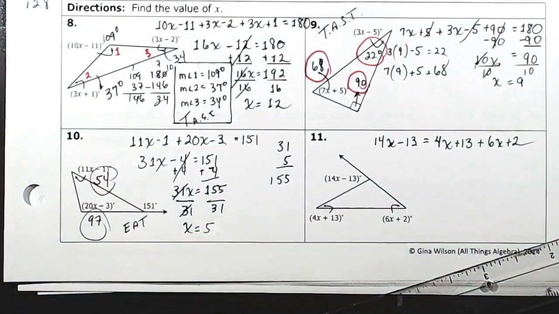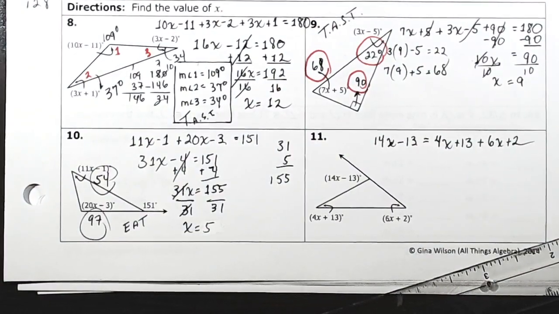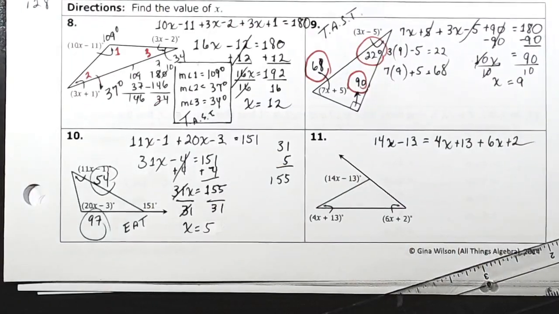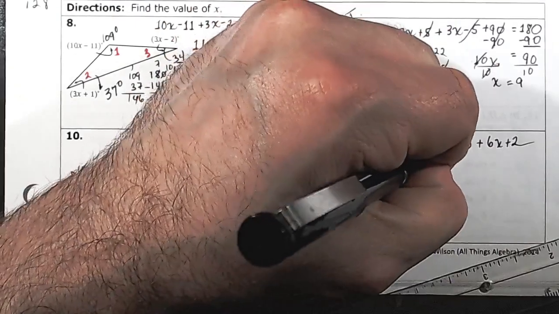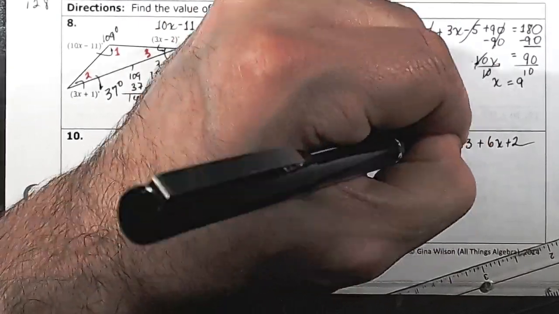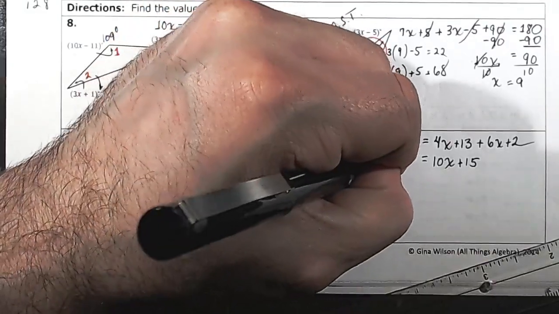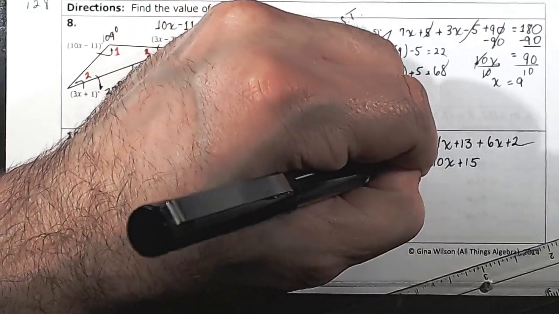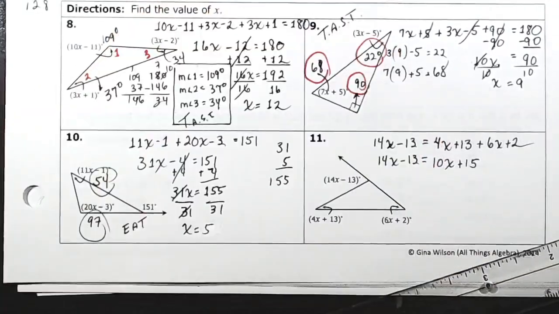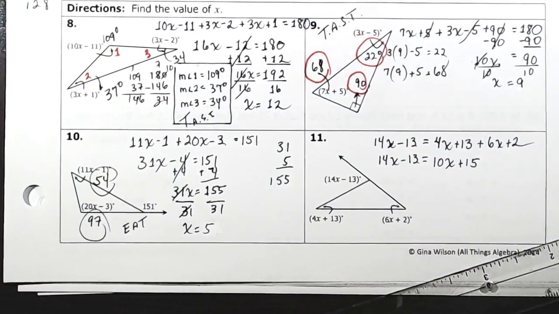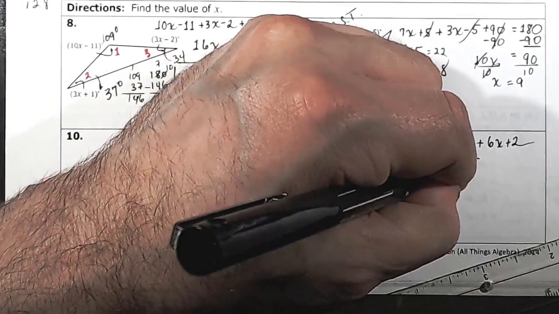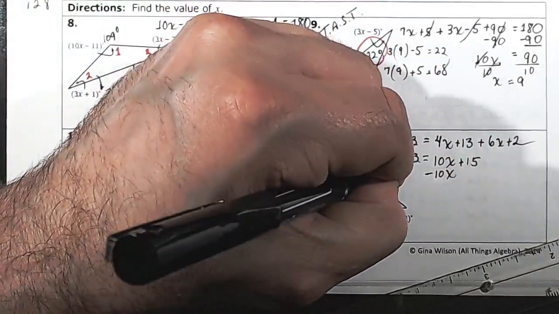Okay, so combine like terms on the right. 4x and 6x are 10x, and 13 and 2 are 15. So I've got 10x plus 15. And we'll just bring all this down, 14x minus 13. And now we can just choose which side to solve for x on. Get x on, like the gas company.